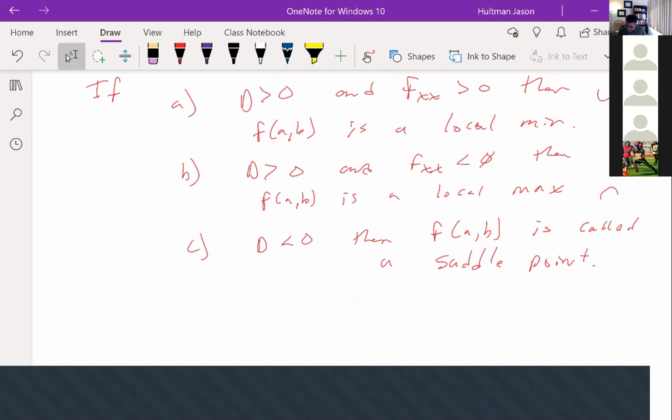And then what if D was equal to 0? Then it's inconclusive. We don't know. So what's a saddle point?